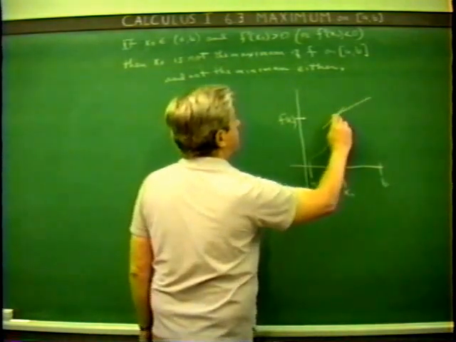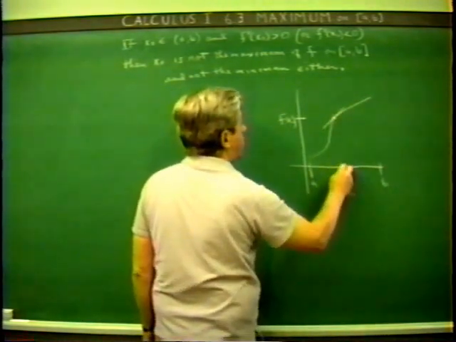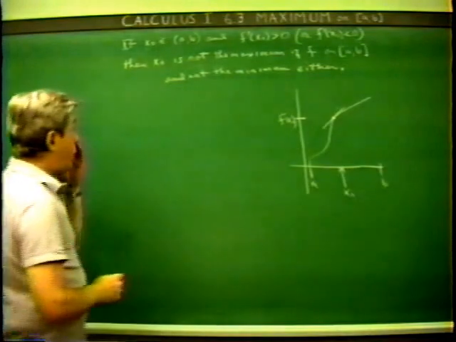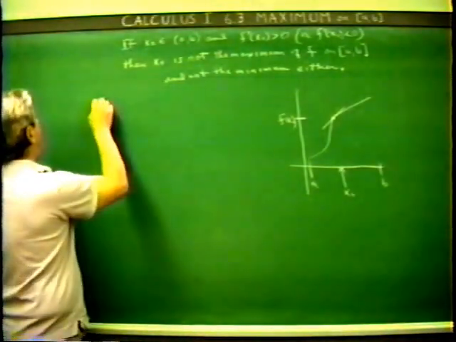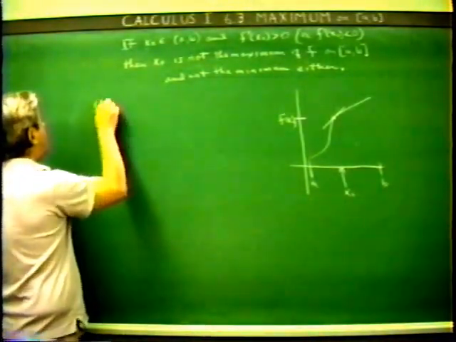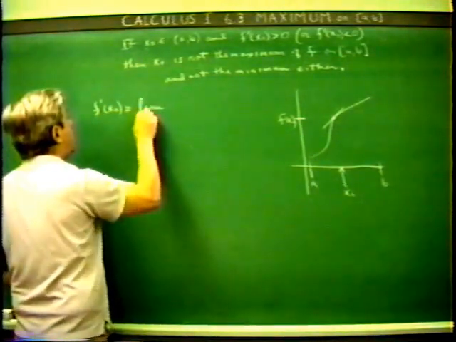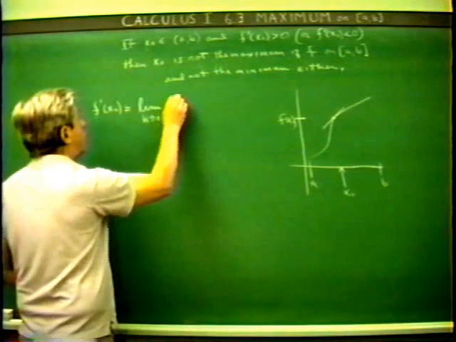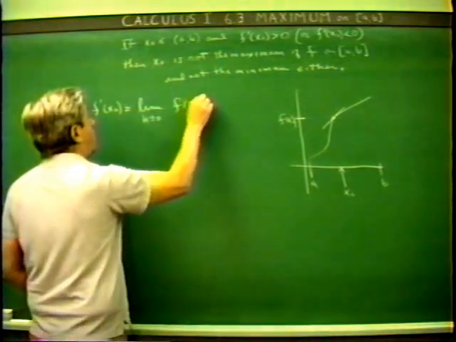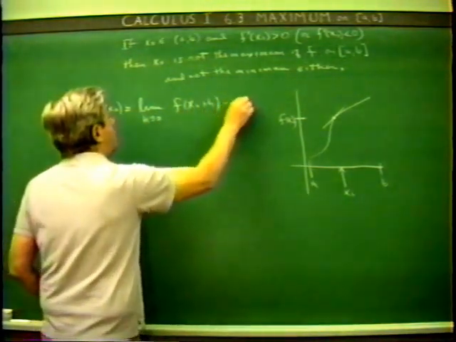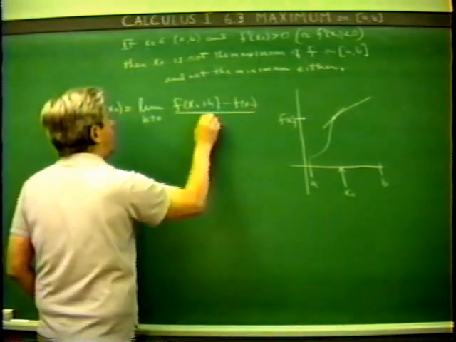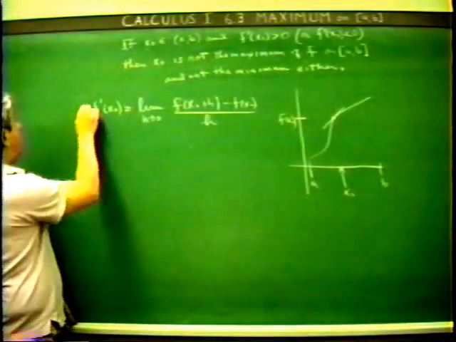All right? The function, of course, does not have to look this nice. It just has to have a derivative at the single point x naught. However, if it does, then what? The derivative at x naught is equal to the limit as h approaches 0 of f of x naught plus h minus f of x naught over h.